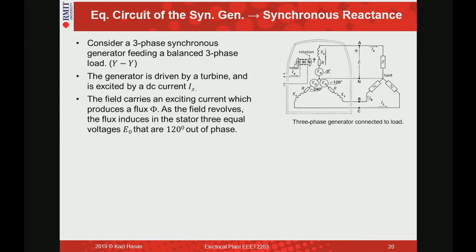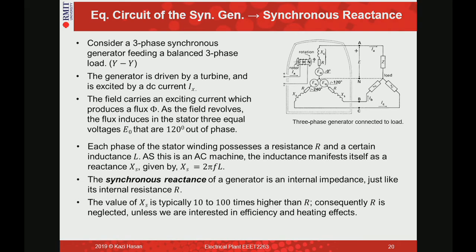The generator is driven by a turbine, as we have discussed before, and it is excited by a DC current Ix. Now, this is again an overview of the previous discussion: the field carries the exciting current which produces the flux. As the field revolves, the flux induces voltage in the stator and creates three equal voltages 120 degrees out of phase.